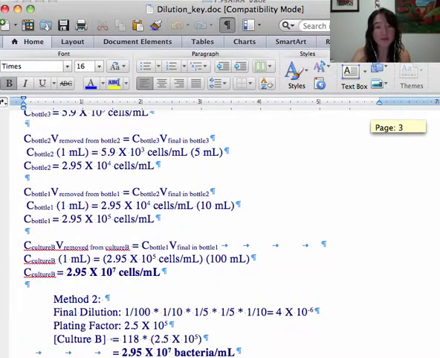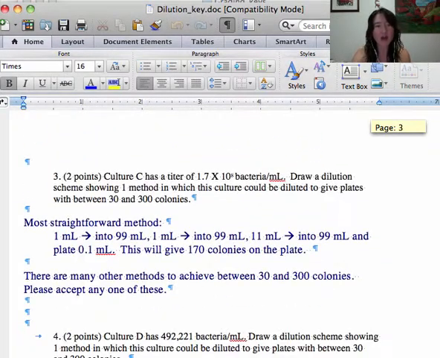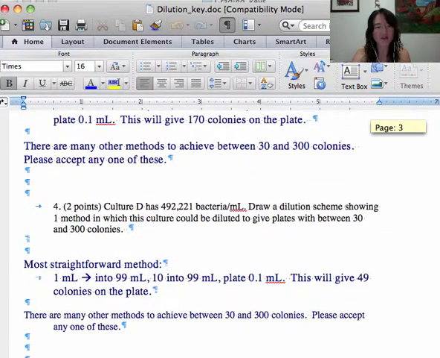And uniquely, I'm talking here about questions 3 and 4, where any scheme that works is actually worthy of credit. But I do often like to make a note to them to just say, hey, this scheme works, but you could have gone about this in a lot easier way. And then maybe you'll show them how they might have done it using factors of 10 or factors of 100.